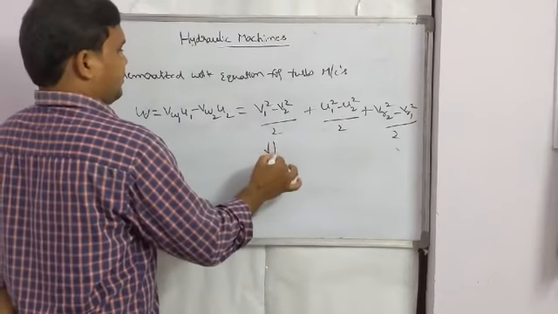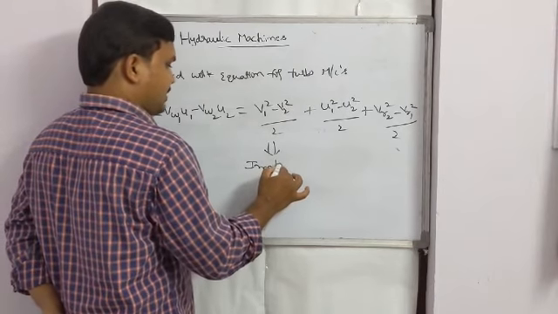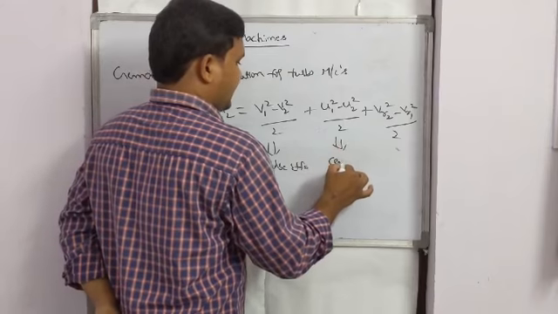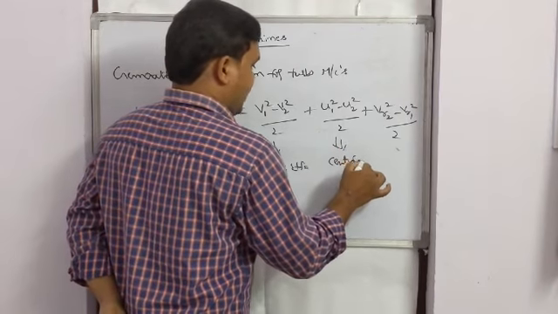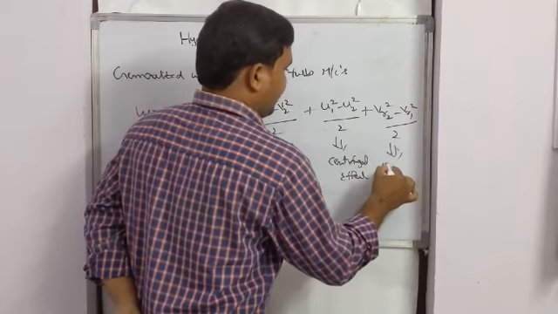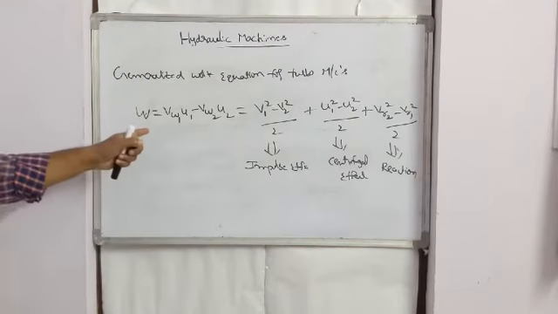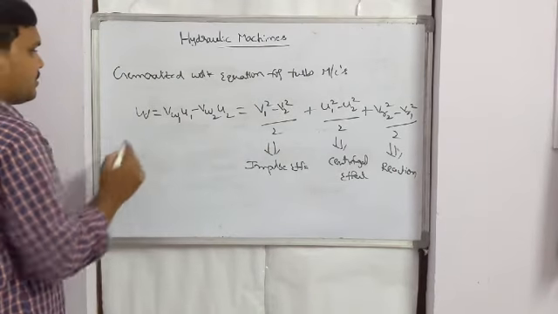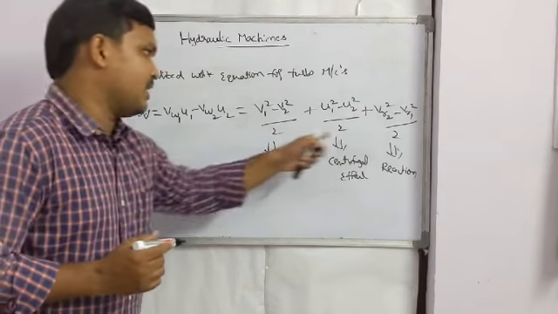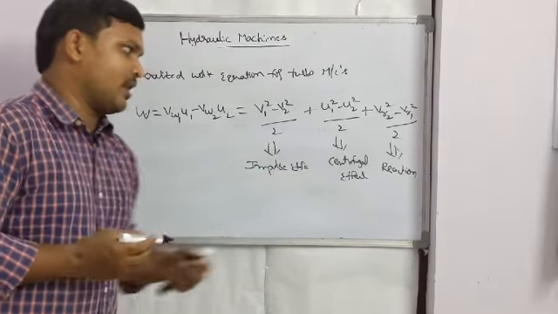The first term is called the impulse effect, the second term the centrifugal effect, and the third term the reaction effect. So in the generalized Euler's equation there are three types of energies: impulse, centrifugal, and reaction.